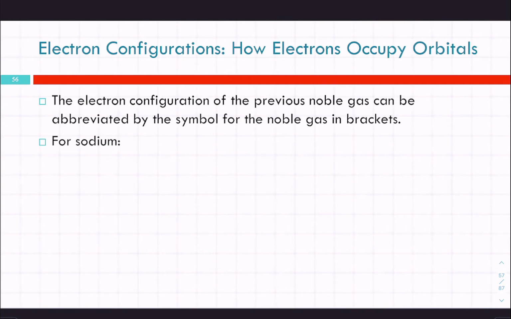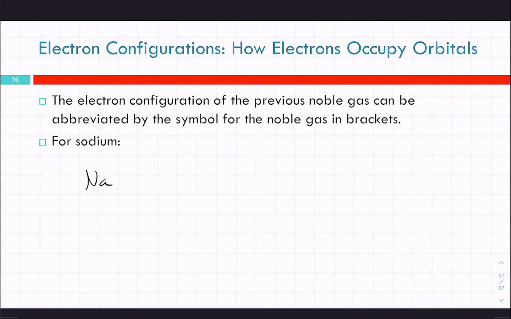All right, so for sodium, again, it's in the third row. So what noble gas would we use to abbreviate the electron configuration for sodium? Neon. So whenever we want to abbreviate an electron configuration, you go up one row and then to the noble gas, which is at the very end.